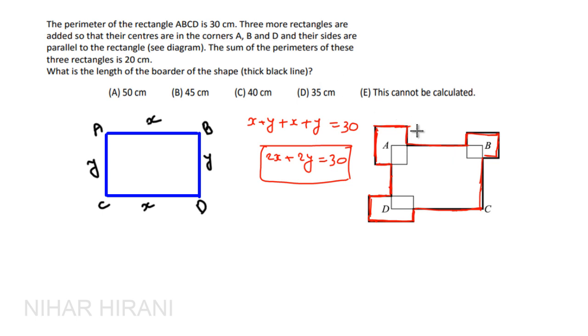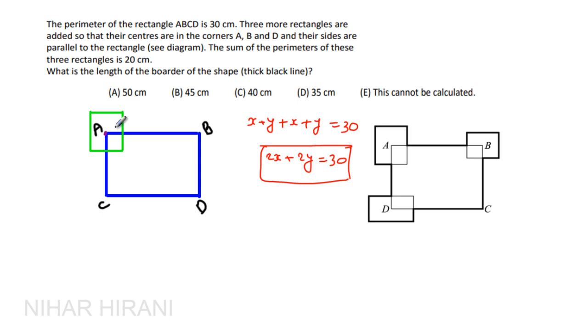Now three rectangles are added with this diagram. So I will also copy the rectangles. So this is my rectangle and I will copy it over here. Now it's clearly given in the question that this is the center of this rectangle, the green rectangle.